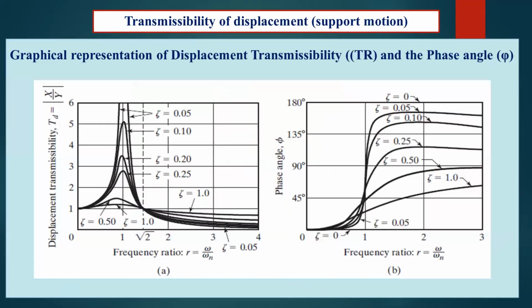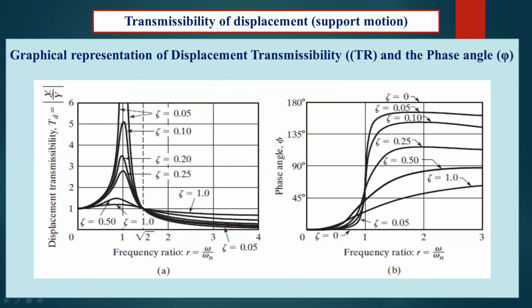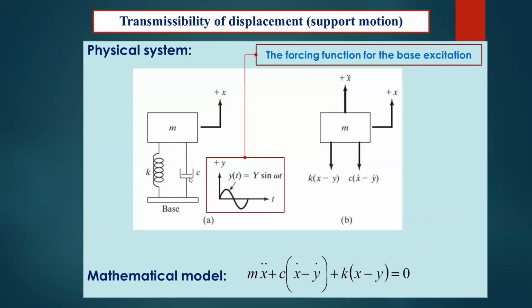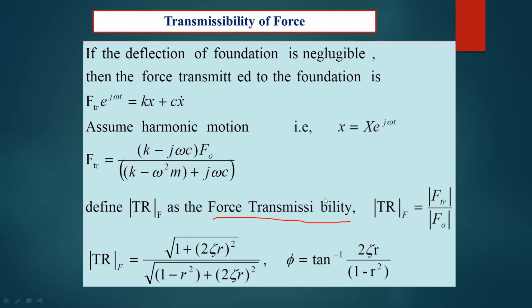Actually, this is displacement transmissibility and force transmissibility. So the F_TR over F naught ratio is known as transmissibility.